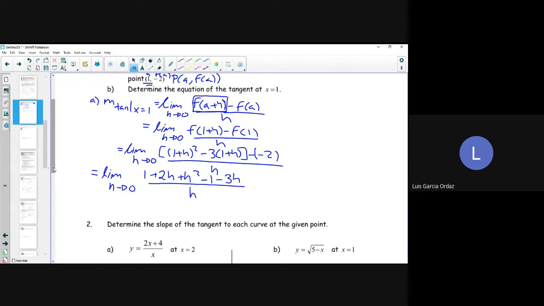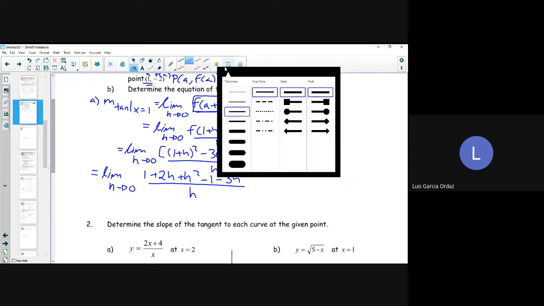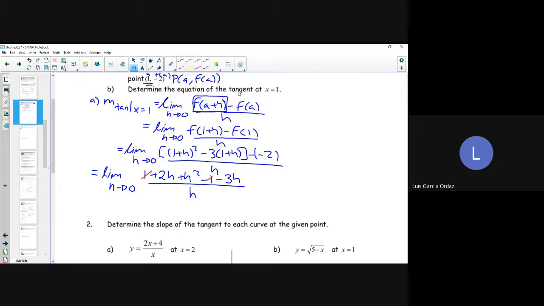As you can see, there are some terms that can cancel each other out. My 1's cancel each other out, and 2h minus 3h is just negative h. So what I'm left with is the limit as h approaches 0 of negative h plus h squared, all over h.